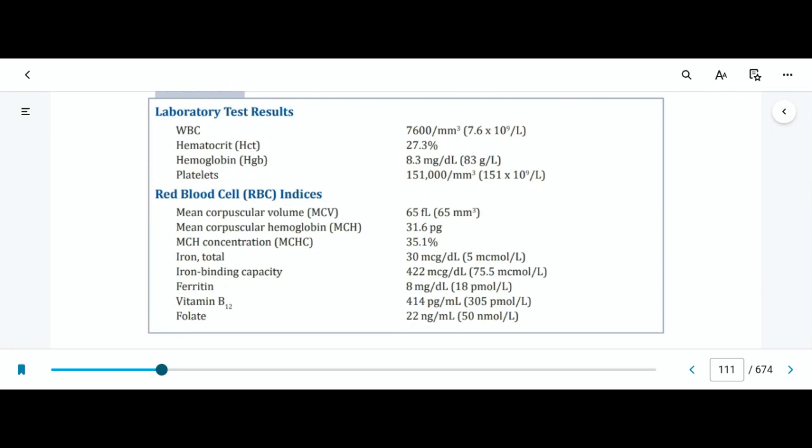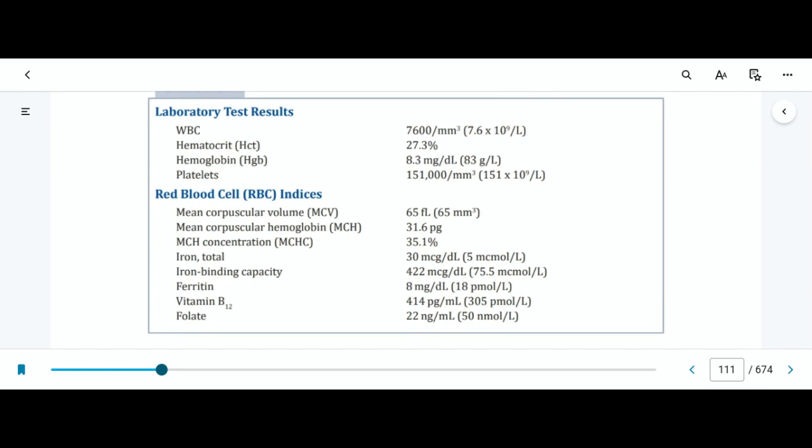Okay, so what are the abnormal values here, at least for the top section? Correct. And make sure that you know normal hemoglobin, hematocrit, WBCs, and platelets. Okay.